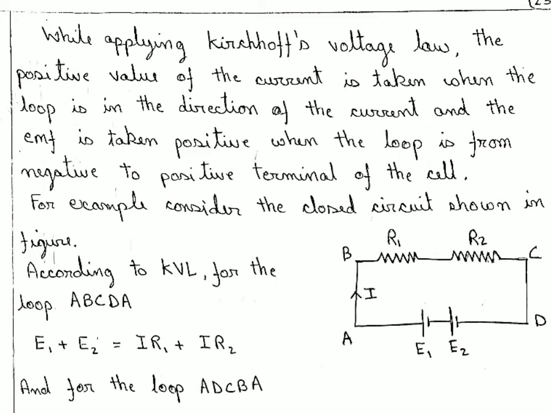Hence the current is taken to be positive. So we have here IR1 plus IR2. The algebraic sum of the EMF, E1 plus E2, the sign is taken care of, is equal to the algebraic sum of the potential drop across the resistances R1 and R2. And again here also the sign is taken care of by using the loop rule.